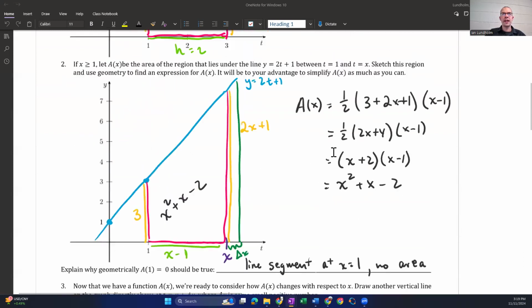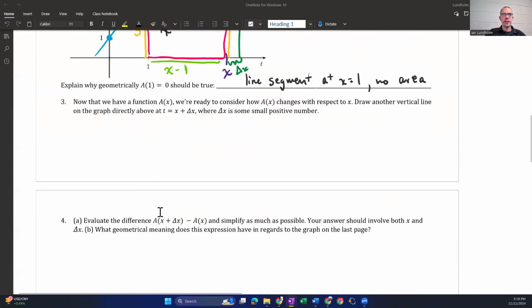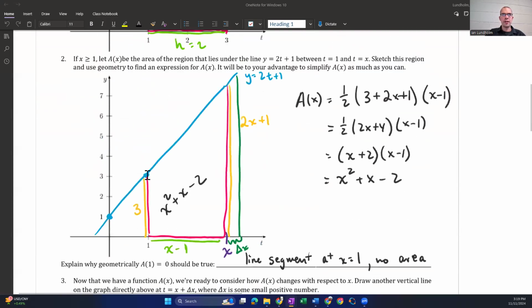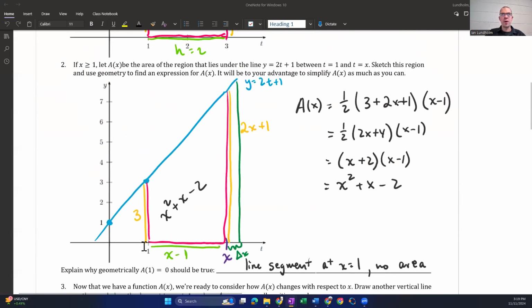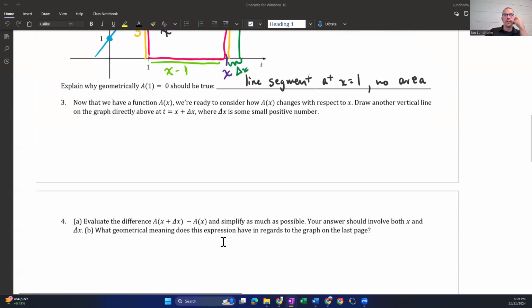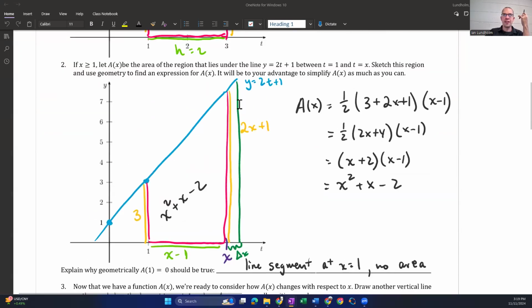So if we're taking this minus this, it'll be this bigger trapezoid where we go all the way out to the green line, minus the smaller trapezoid where we go out to this yellow-pink line. The yellow-pink line should be the same, it's just one line. But yeah, it should just be the area.